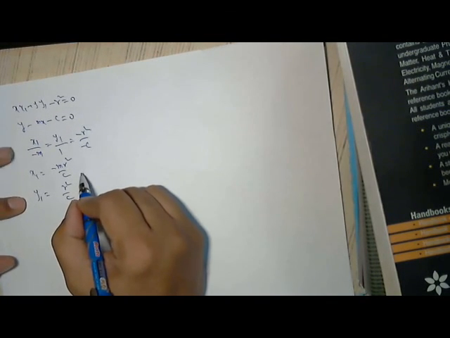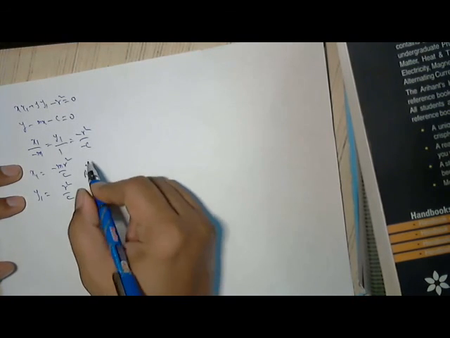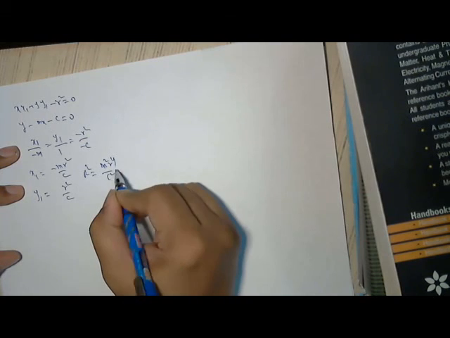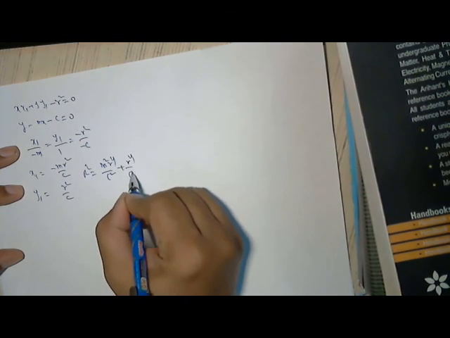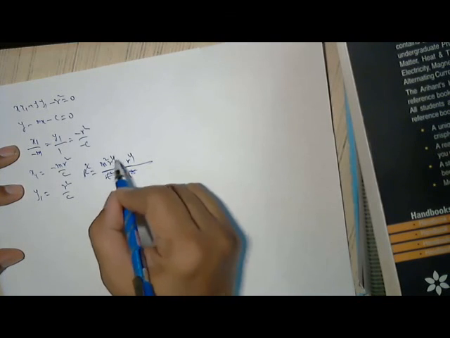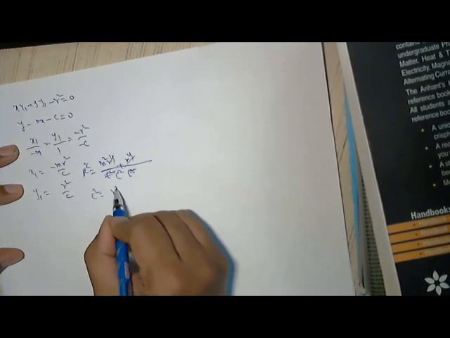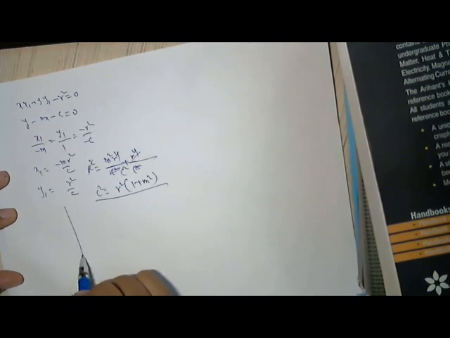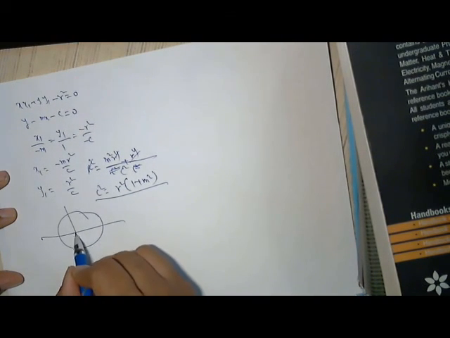So x1 square plus y1 square, that is r square, is equal to m square r to the power of 4 by c square plus r to the power of 4 by c square. So this is LCM c square. When I cut r square here, c square is equal to r square into 1 plus m square. This is the condition for tangency when the center is 0, 0.